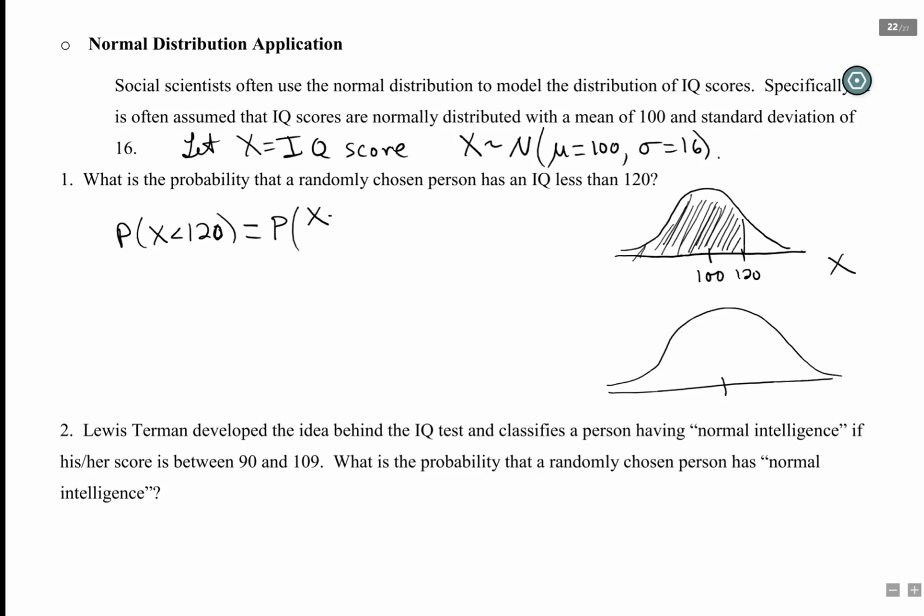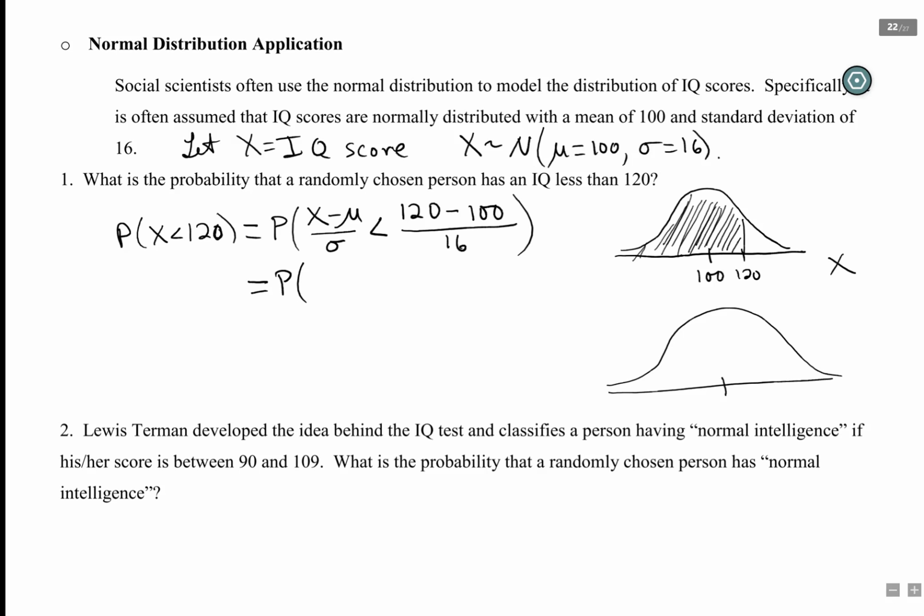Remember, the transformation is X minus mu over sigma. That's the transformation in symbols on the left-hand side. What I do to the left-hand side, I'm going to do to the right-hand side. In numbers, 120 minus 100 over 16. Notice the inequality stays less than. That transformation does not affect that inequality.